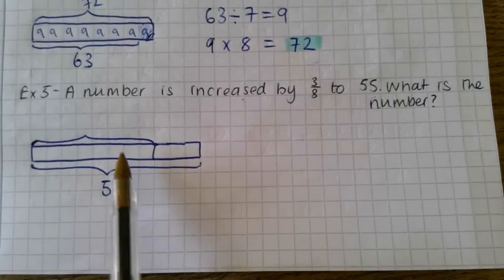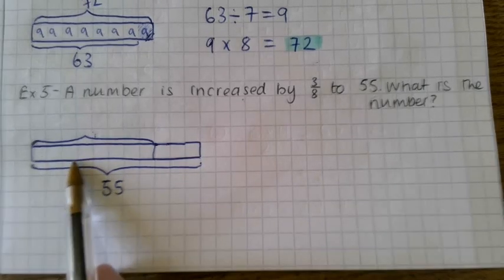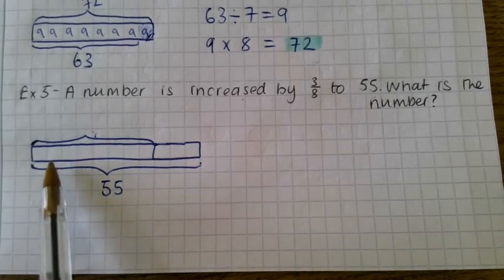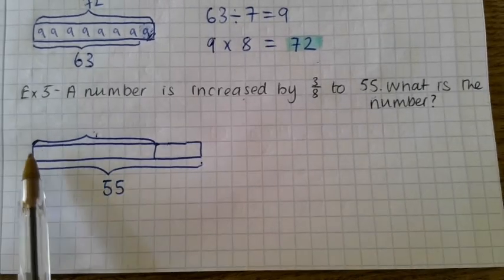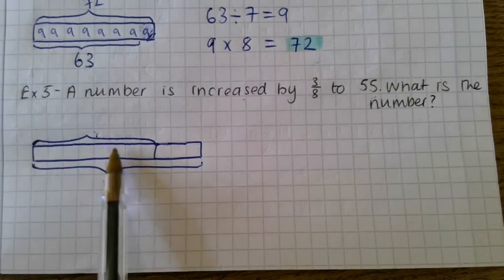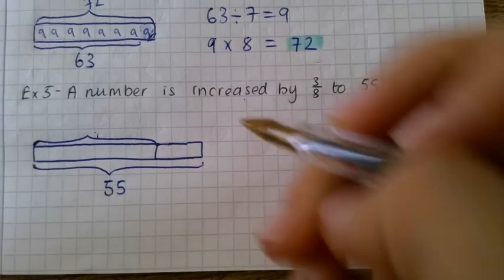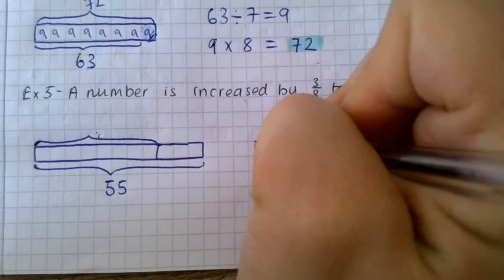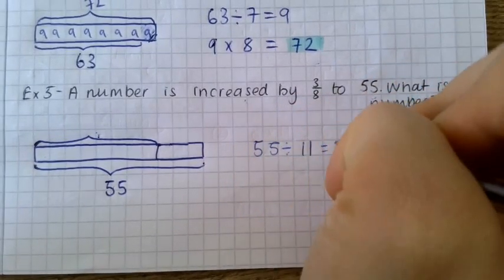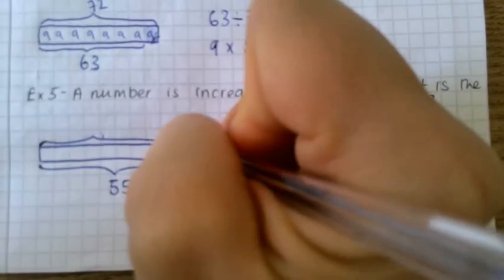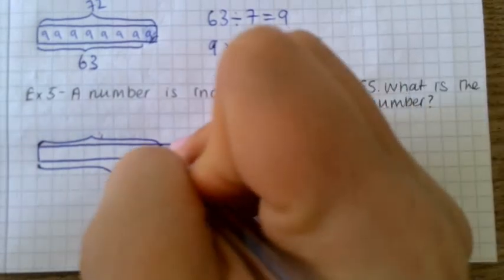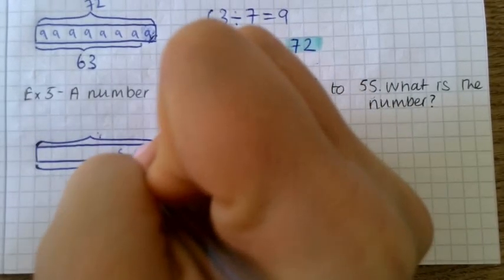So to find my number, I need to know what one little square is worth. And to get one little square, I can do 55 divided by 1, 2, 3, 4, 5, 6, 7, 8, 9, 10, 11. So 55 divided by 11 is 5. So that means that each little square in the bar model is worth 5.